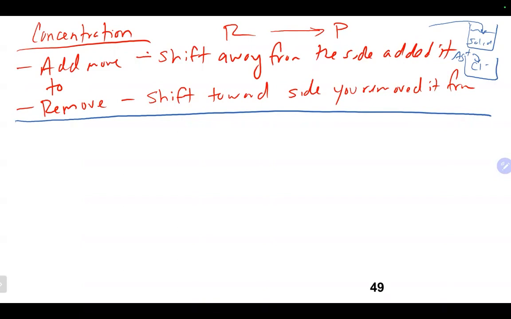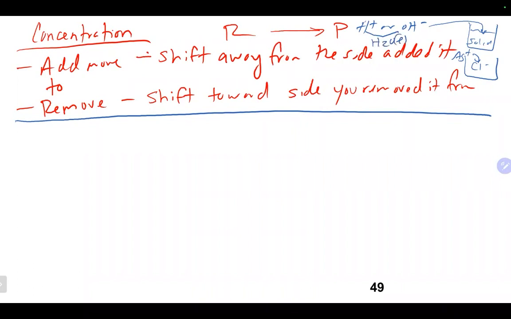Another way you can remove something, especially if there are H plus or hydroxide in the reaction, is to add either acid or base, because H plus and hydroxide like to come together to make water, which is a pure liquid.